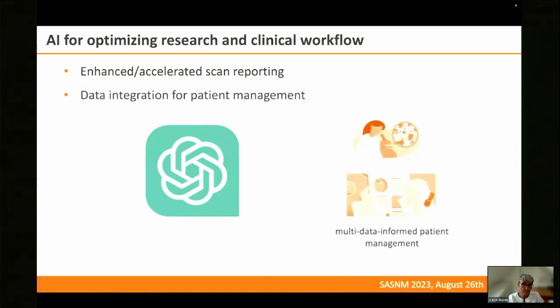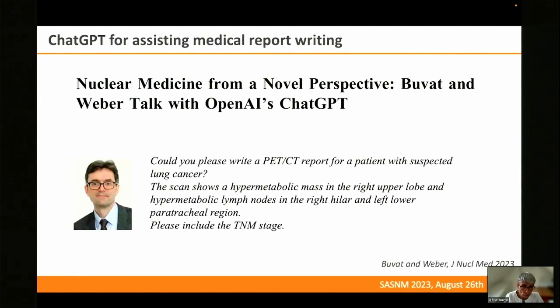And second, AI can be leveraged for integrating data for patient management. So to illustrate how AI can assist us, with an MD colleague, we recently asked ChatGPT to write a PET-CT report, giving only a few clues about the image content, as you can see here.